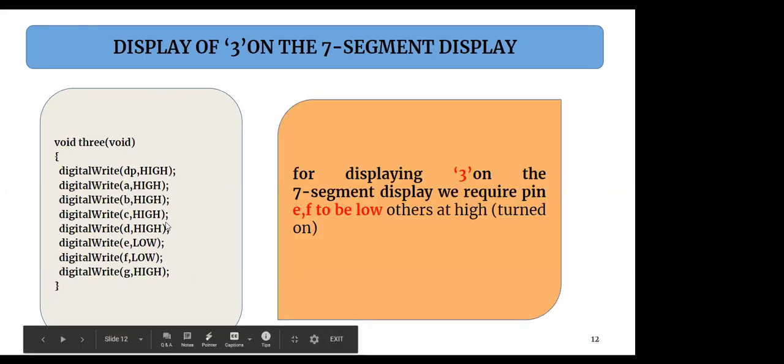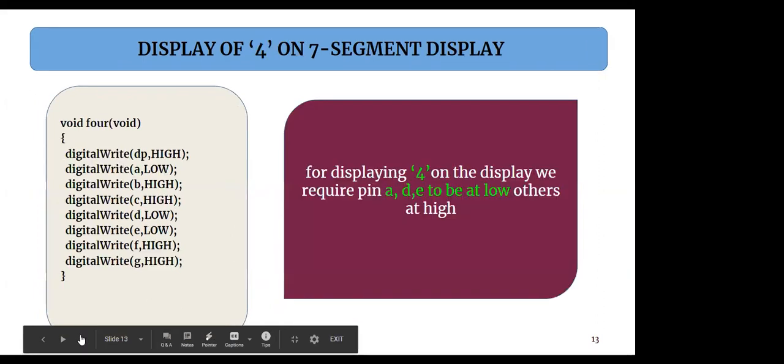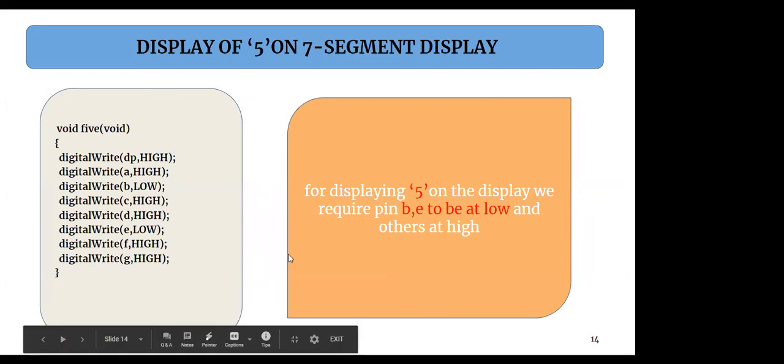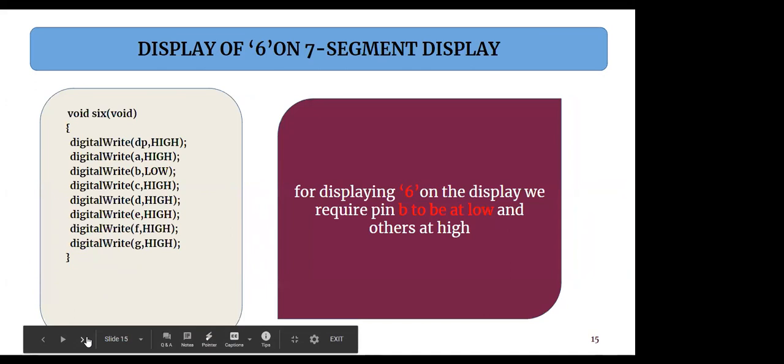For displaying 3, we have to keep only E and F low. For displaying 4, we have to keep A, D, and E low. For displaying 5, we have to keep pins B and E low and the others high. For displaying 6, we have to keep only pin B low and the others should glow to form the number 6 on the 7-segment display.